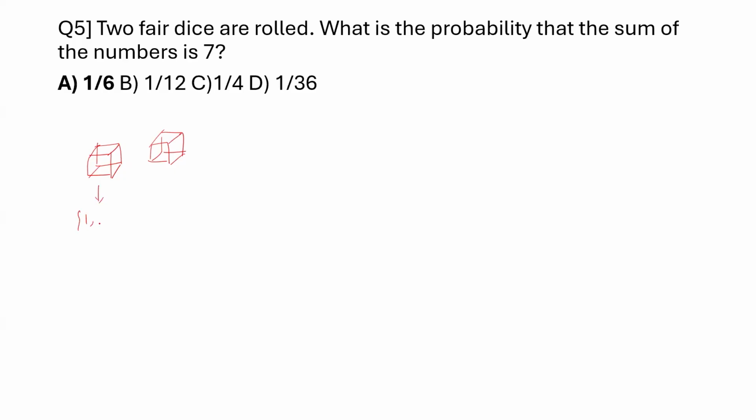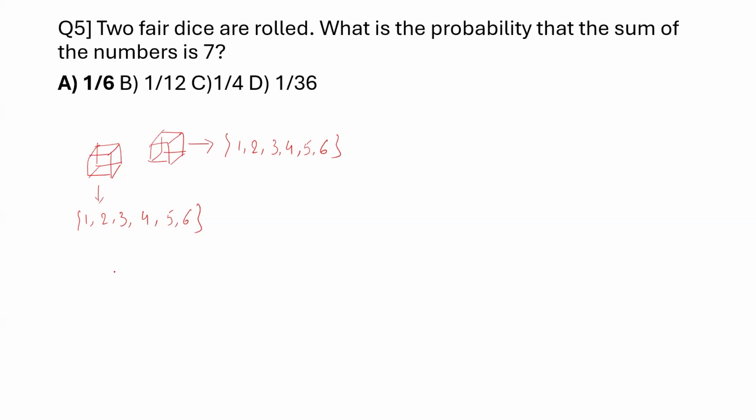This die will give you 1, 2, 3, 4, 5, and 6, right? Similarly, this die will give you 1, 2, 3, 4, 5, and 6, right?